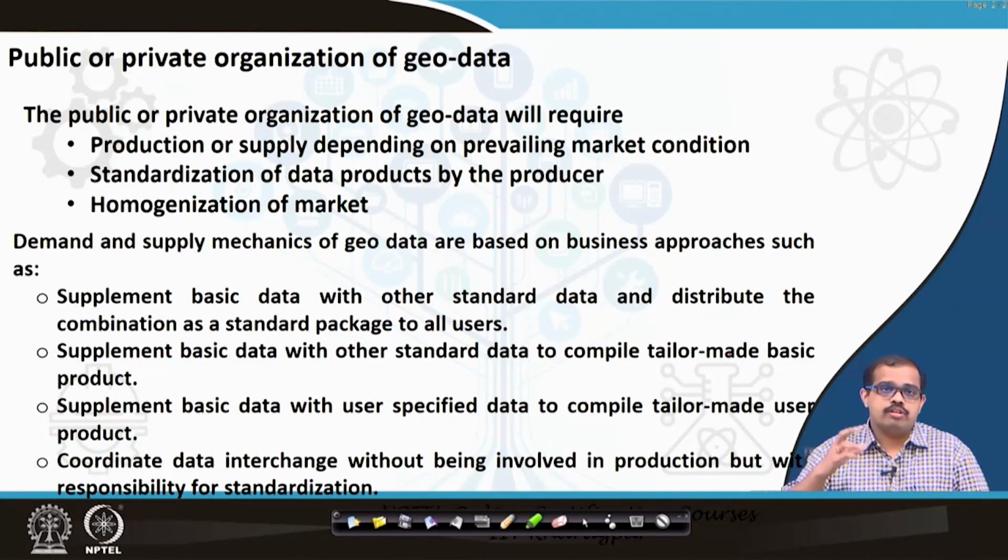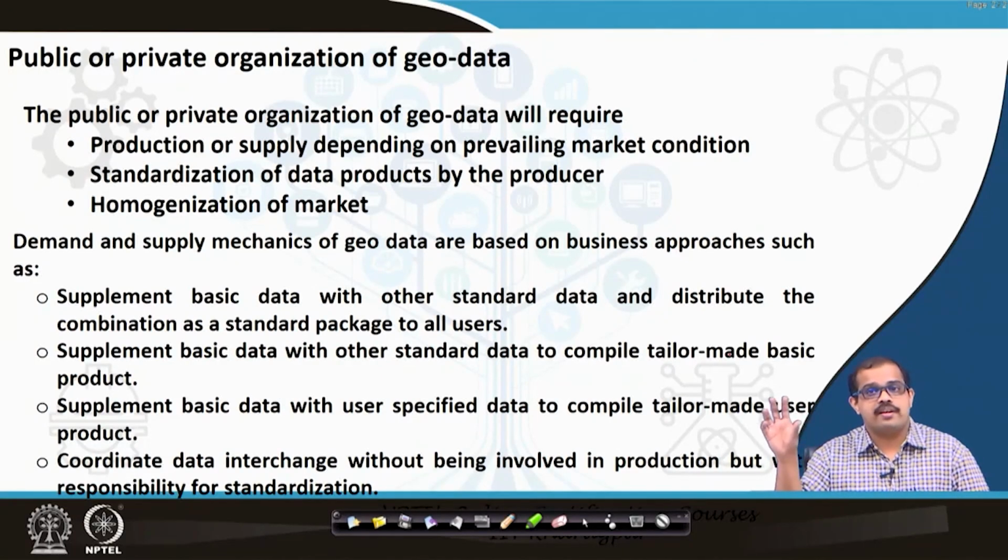And when you look at demand and supply mechanics of geodata, it is basically a business approach. Okay. So, you should look at supplementing basic data with standard data if it is possible, and distribute the combination as a standard package to all users. That is what most of the public companies do till now. Or supplement basic data with other standard data to compile a tailor-made basic data.